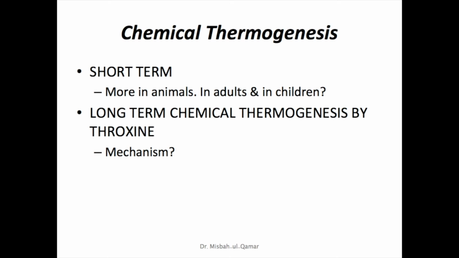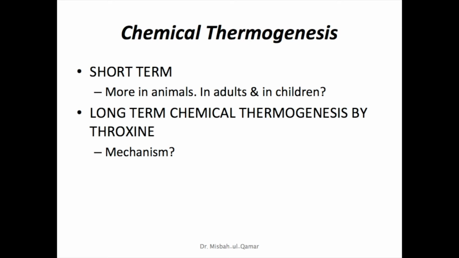What happens is that when the anterior hypothalamus is cooled down, this cooling results in the release of thyroid releasing hormone from the hypothalamus, which results in the release of thyroid stimulating hormone from the anterior pituitary gland.